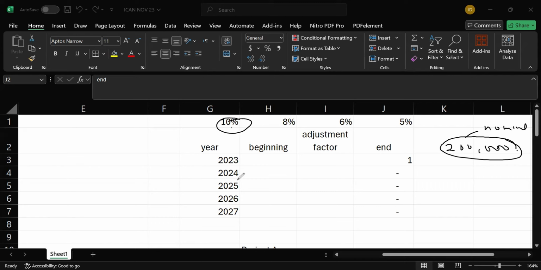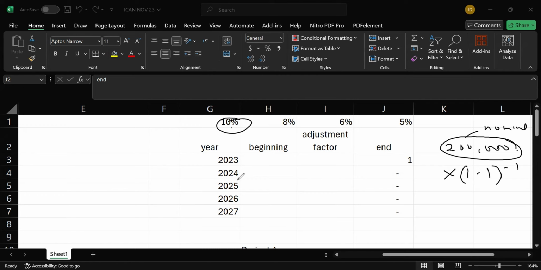Okay. So this is very easy. So I will just have 200,000 times 1.1 raised to power minus 1. That will take me to year one value.